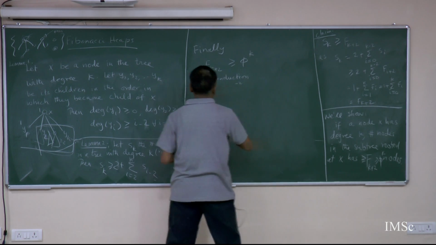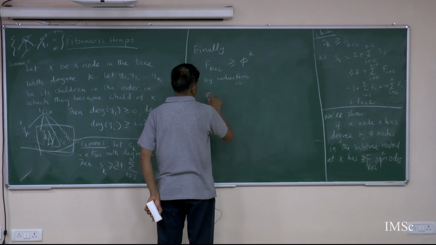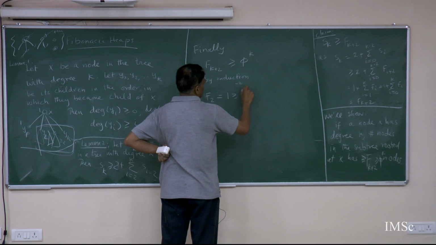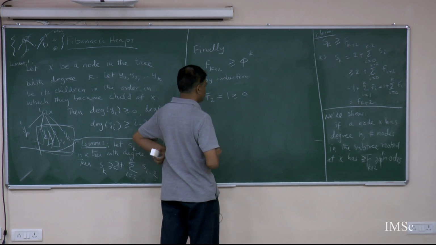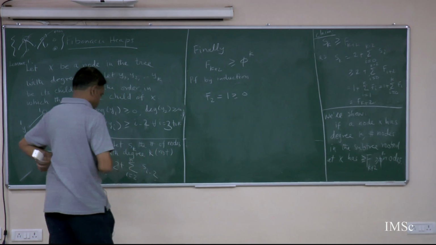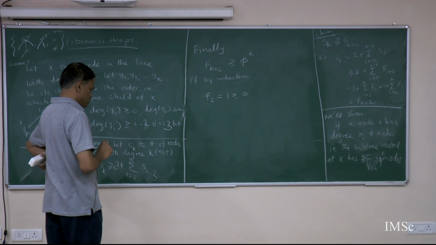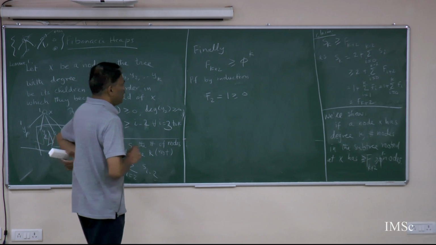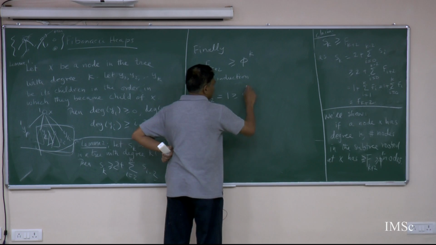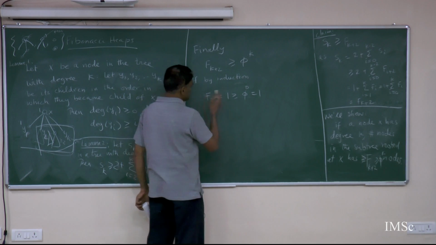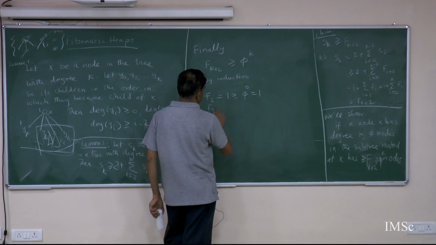I care only about F2. F2 is 1. K is 2, and I want to show phi to the power 0, that's 1. Yes, exactly. So F3 is 2, which is greater than or equal to phi.